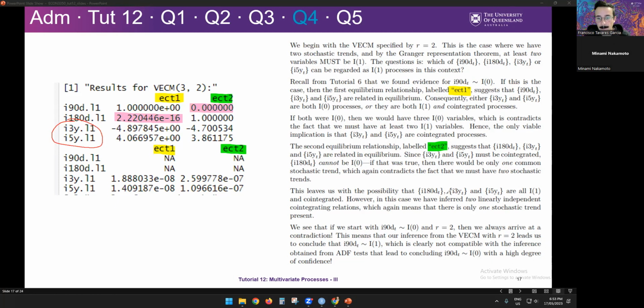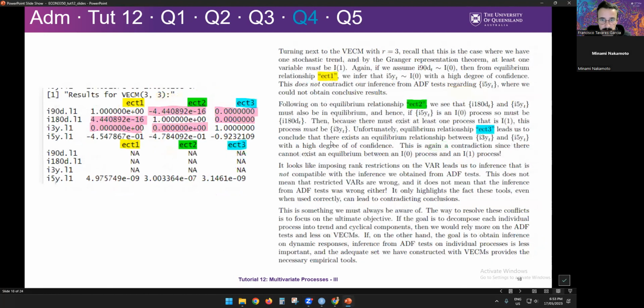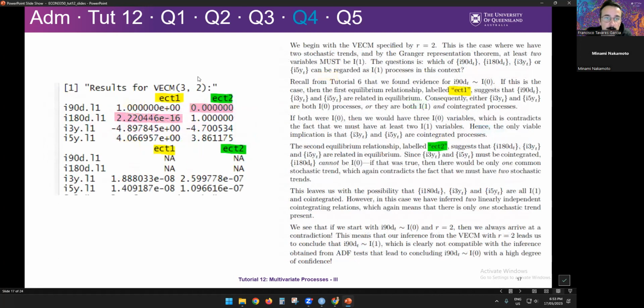You will see that we have to have two. For the rank 2 matrix, we need at least two I1 processes in this list.